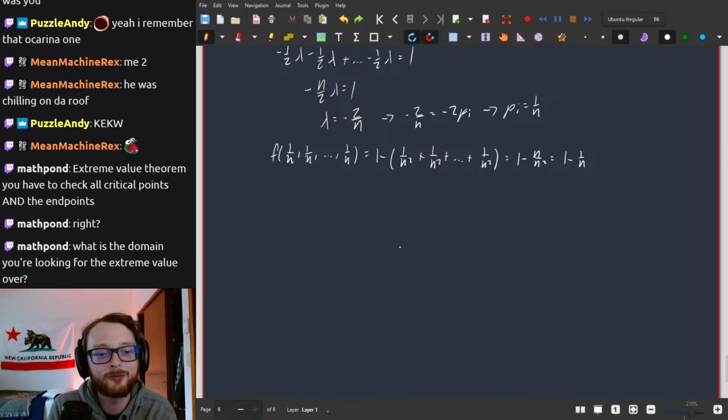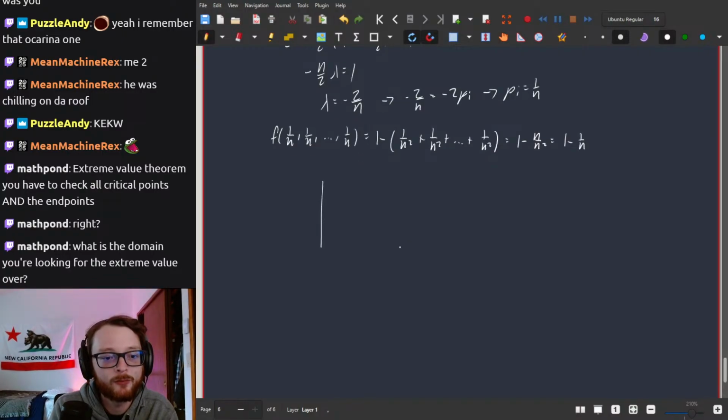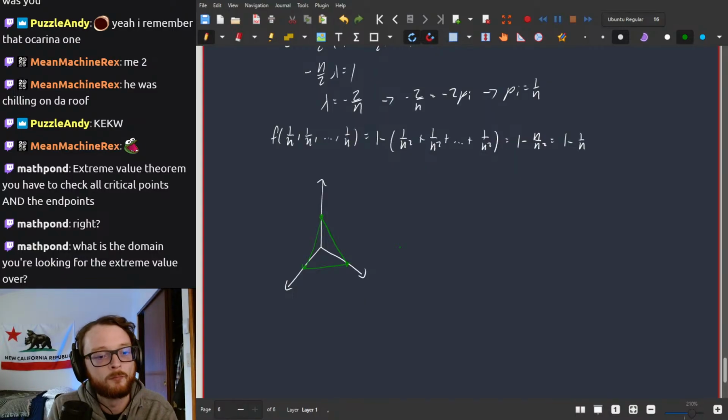So, I don't know. This is a tricky one. In 3 dimensions, the domain is basically the part of a plane in the first octant. It will be that triangle.